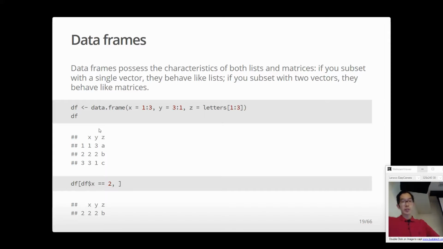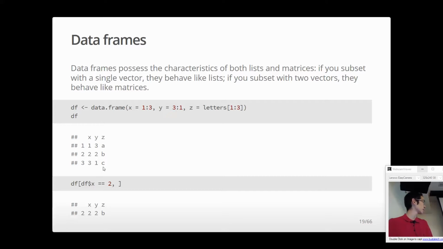Okay, so let's talk about data frames. Data frames, again, are a list, but everything in the list has the same length, so you can create this matrix-like structure. Here I'm creating a very simple data frame with x, y, and z, where z is characters a, b, and c.